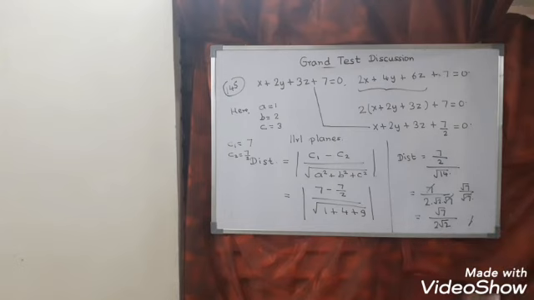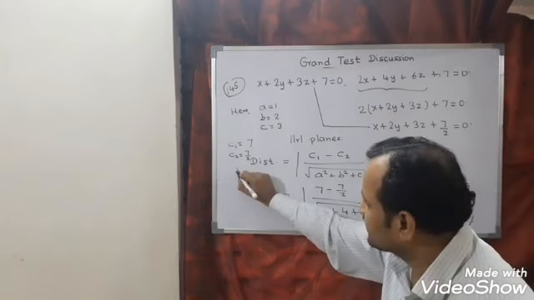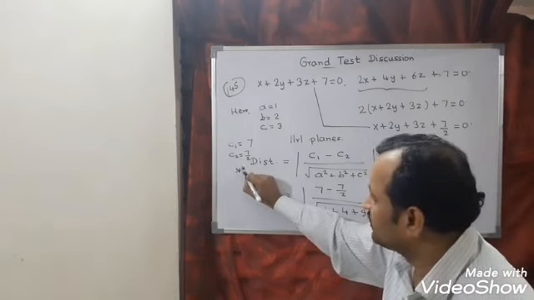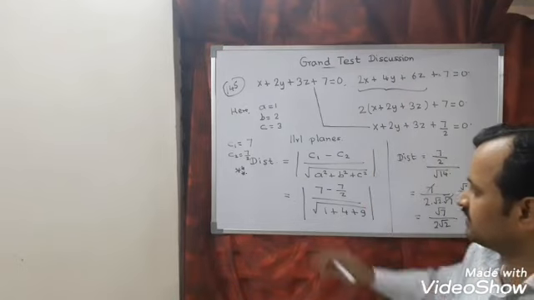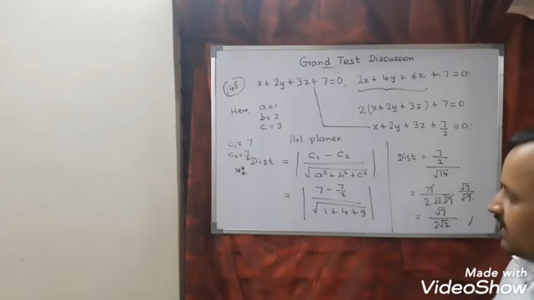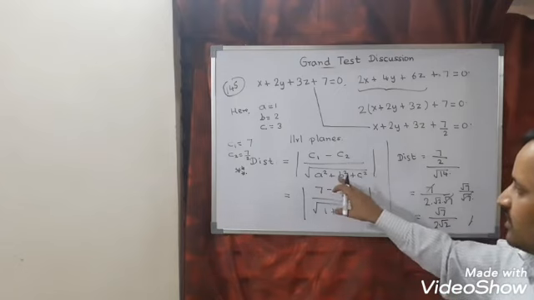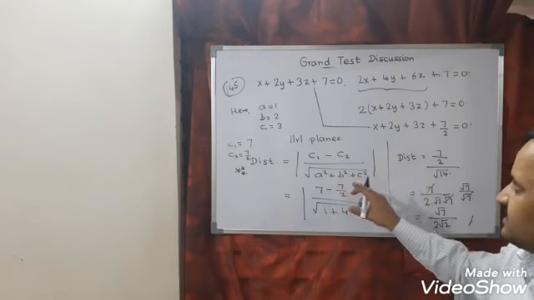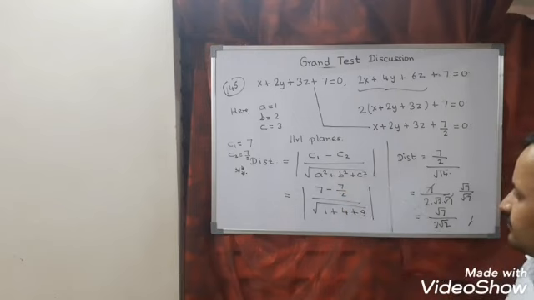So in this question we applied the standard formula of distance between two planes, which is given by mod of C1 minus C2 divided by square root of a square plus b square plus c square. Is it clear?